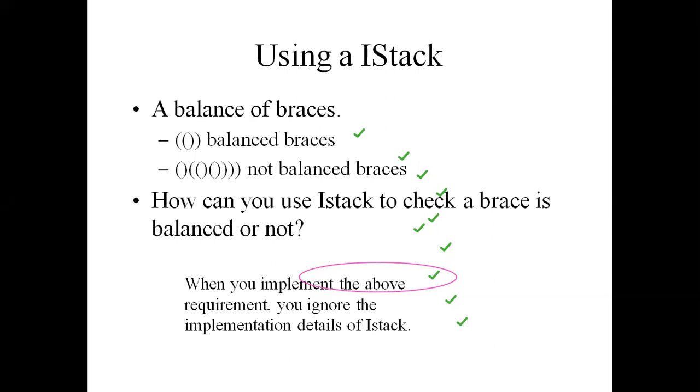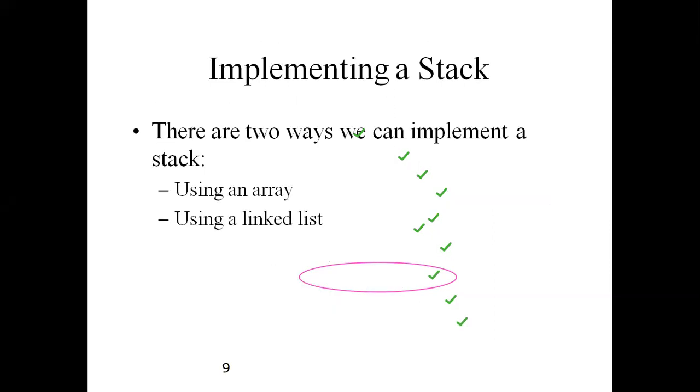So for stack implementation, there are two ways we can implement a stack. One is array and another one is linked list. We can implement the stack by using array or by using linked list.